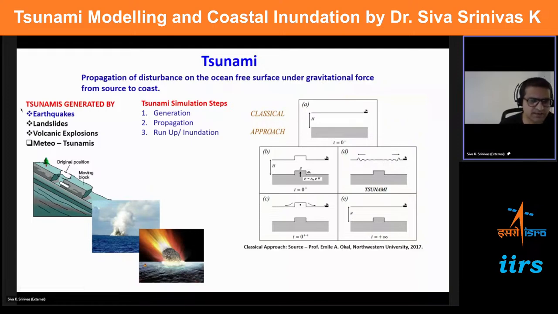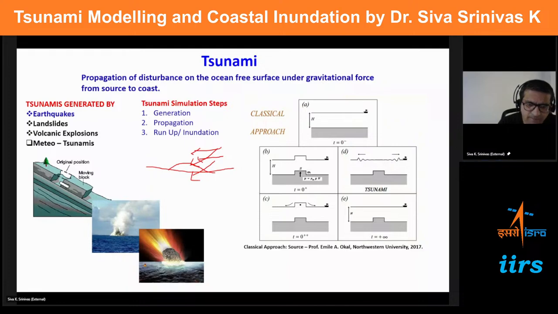Meteor tsunamis are quite complex and very rare. In these meteor tsunamis, on the free surface of the ocean, when there is wind, the external pressure should meet certain criteria based on its frequency. Then these winds drive the free surface into disturbance, like generation, an initial deformation.